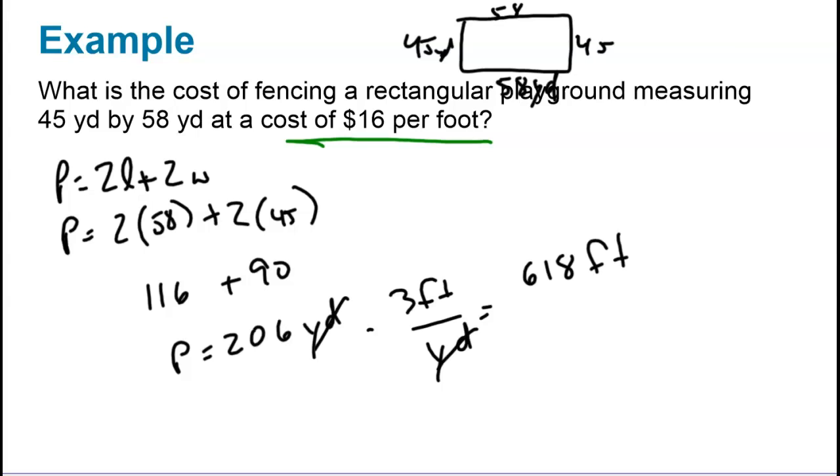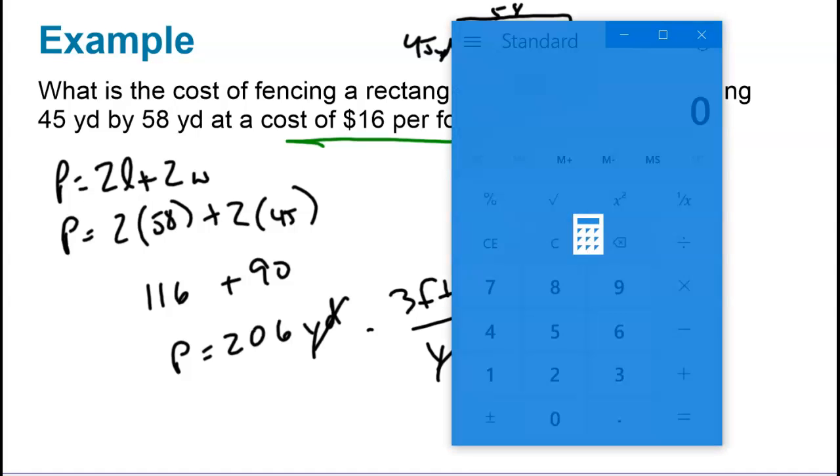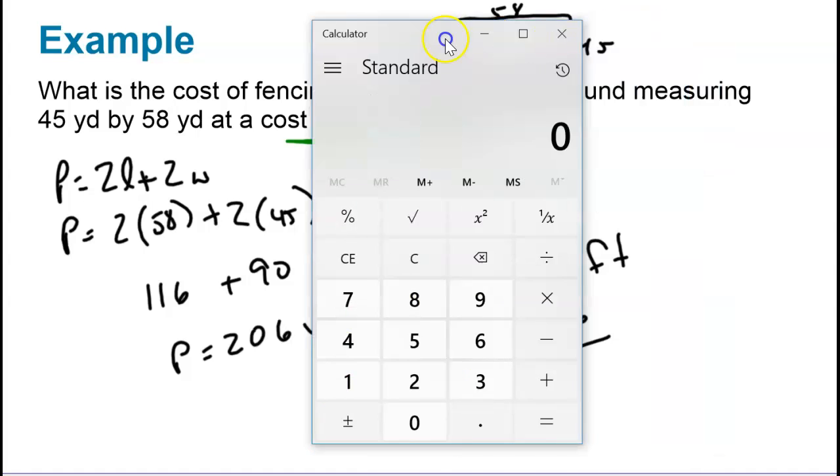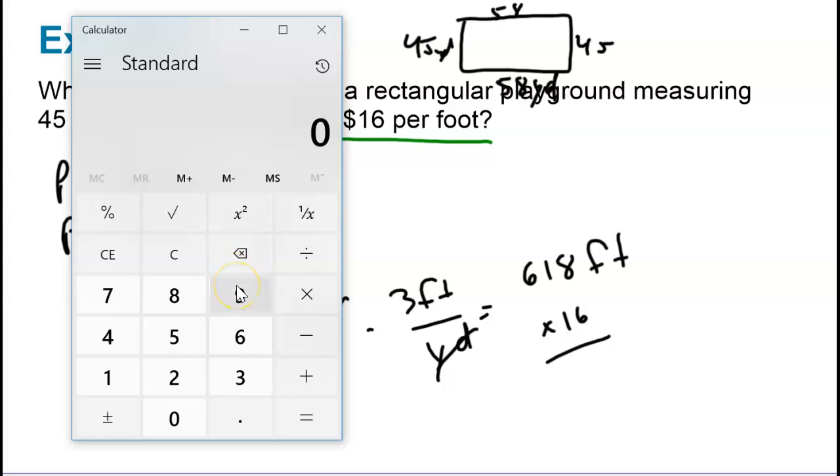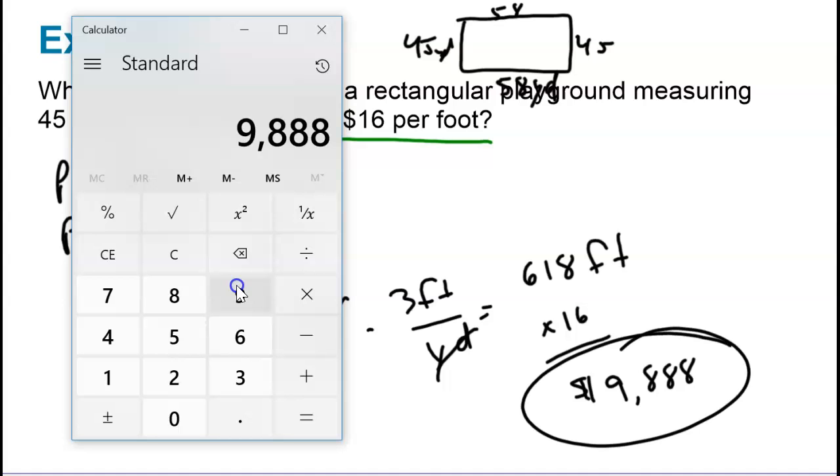And at 618 feet times $16 a foot, get the calculator back out again. And that's going to be a rather spendy fence at $9,888 to be able to have a fence go around the playground.